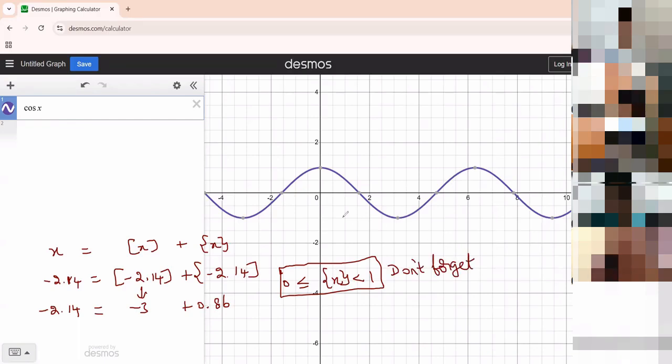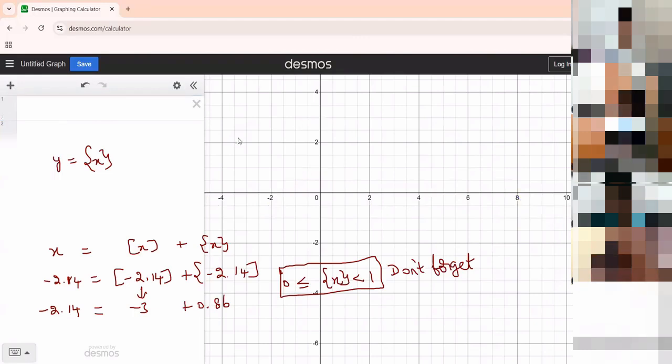So I want you to try yourselves drawing the graph for fractional part of x. Everyone, you can give a try yourselves. Danya, you can try.